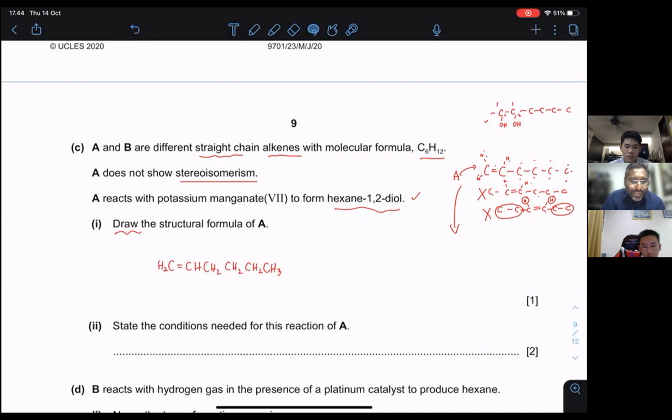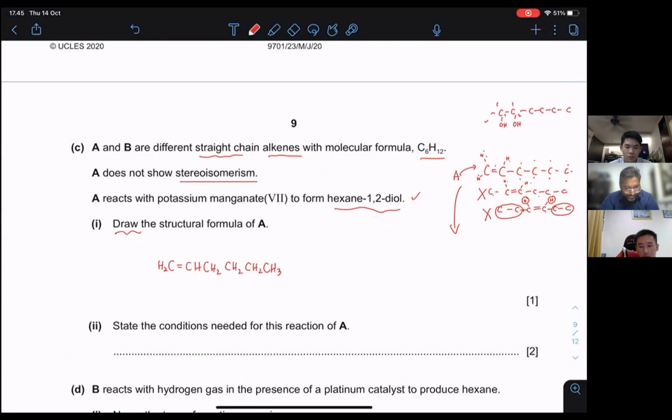State the condition needed for this reaction of A. So what is the condition for the reaction to change to hexane-1,2-diol? Just now I mentioned cold conditions. Another condition is it must be dilute, and it must be acidified also.